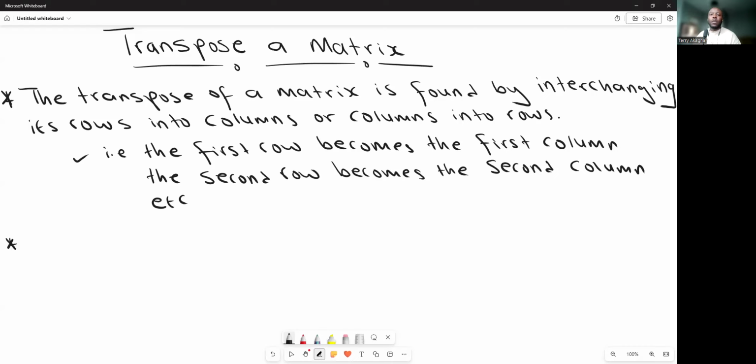So what I was saying is that we use the letter T as a superscript to denote a matrix that has been transposed.